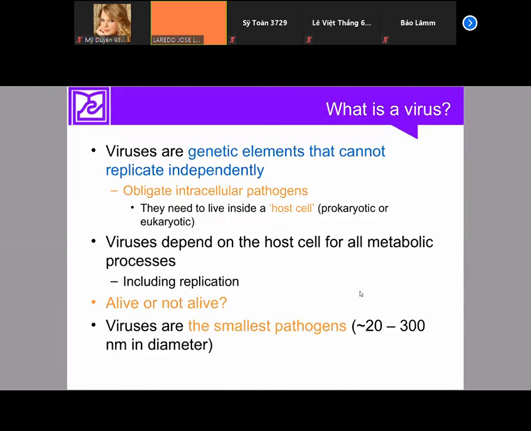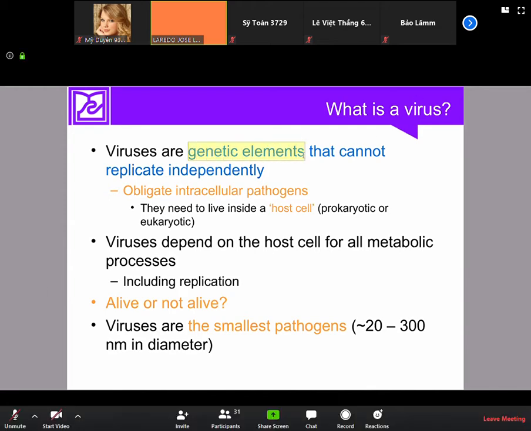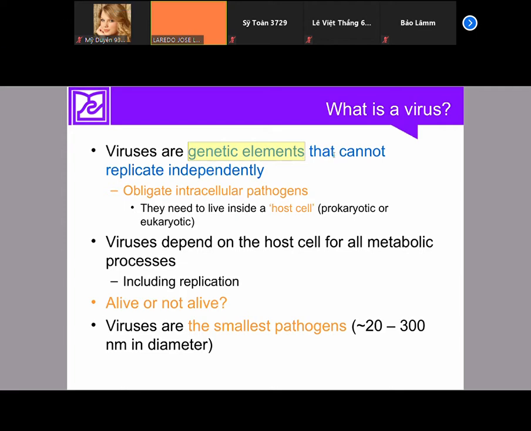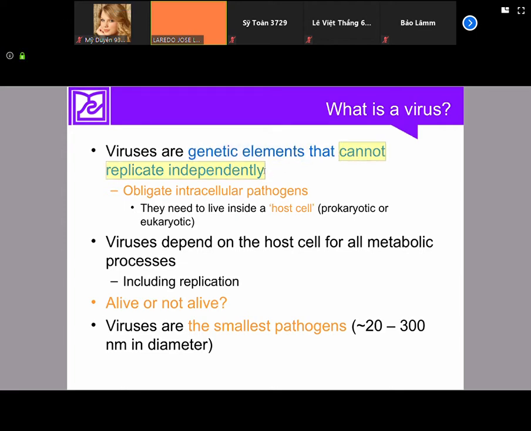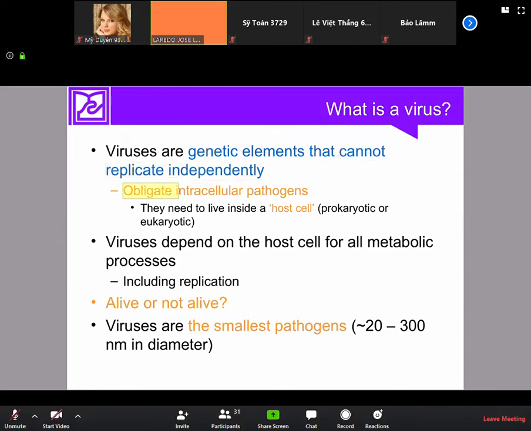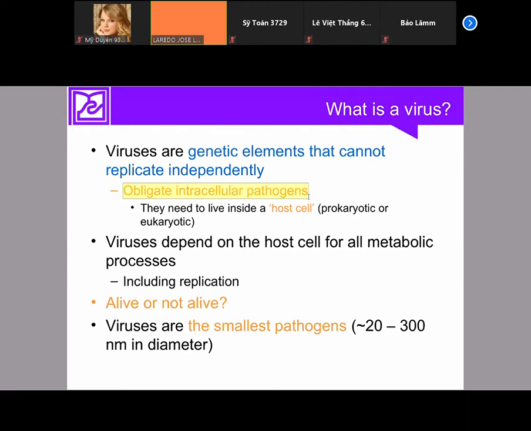So, what are viruses? What are viruses? This is not very clear. Viruses are genetic elements, so pieces of genetic information that cannot replicate independently. So, viruses, as you already know, because I repeat it many times, are obligate intracellular pathogens.